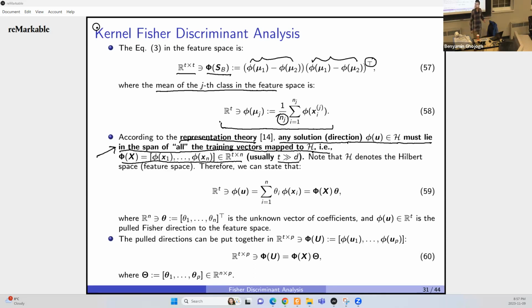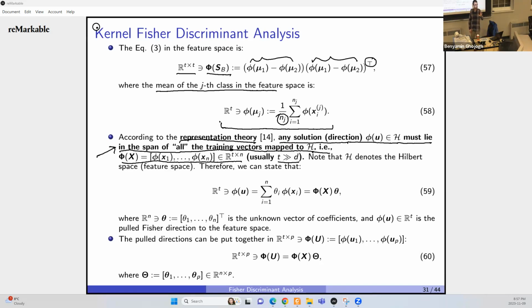What does a span? Recall that preliminaries. I talked about the spanning. So for example, this space is spanned by 3 basis vectors, right? So the basis vectors span the space. So must lie in the span of all training vectors mapped to H. So all training vectors mapped to H are what? Phi x1, phi x2 until phi xn.